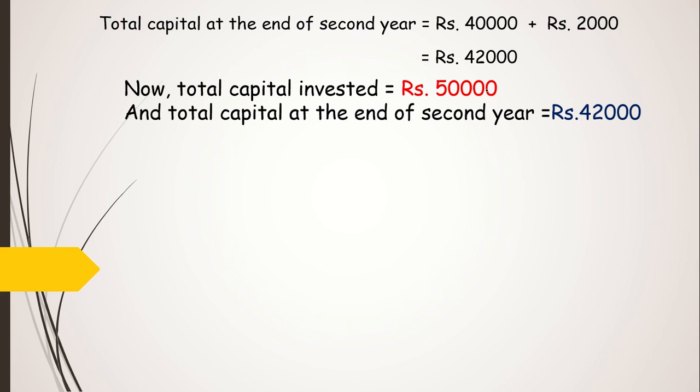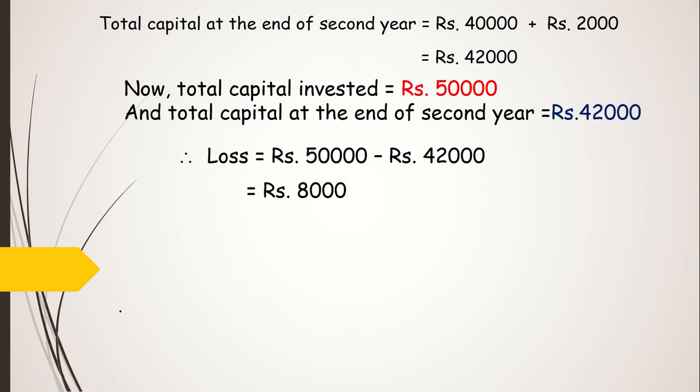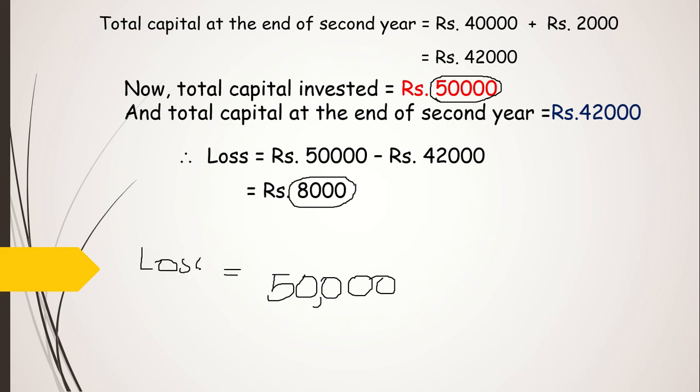Now total capital invested was 50,000 and total capital at the end of the second year in his hand was 42,000. So obviously there was a loss, and the loss was 50,000 minus 42,000, that is rupees 8,000. Now this rupees 8,000 is a loss on 50,000. So we have to compute the loss in terms of percentage. That is on 50,000 we have to calculate the loss percent.